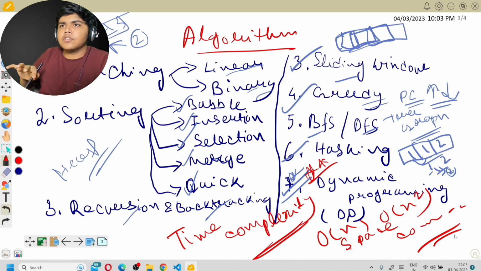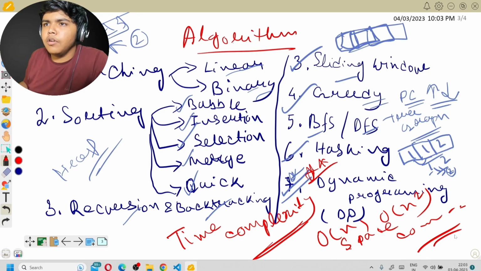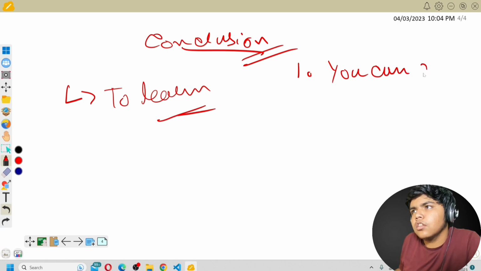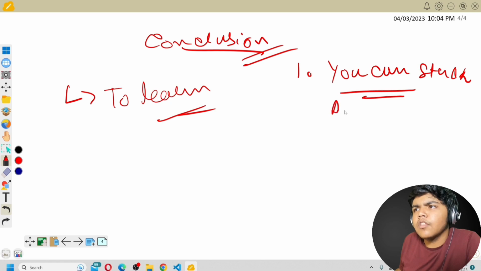So it is all about data structures and algorithms. So let's move to the conclusion. To learn DSA, you can remember some points. One, you can get stuck in any problem.